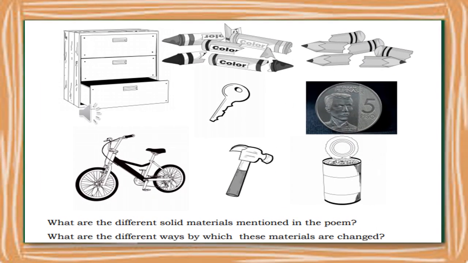After reading the poem, what are the different solid materials mentioned in the poem? Can you name some? Look at the pictures as your clue. What are the different ways by which these materials are changed? You can write your answer in your notebooks. Great job! Very good, children.